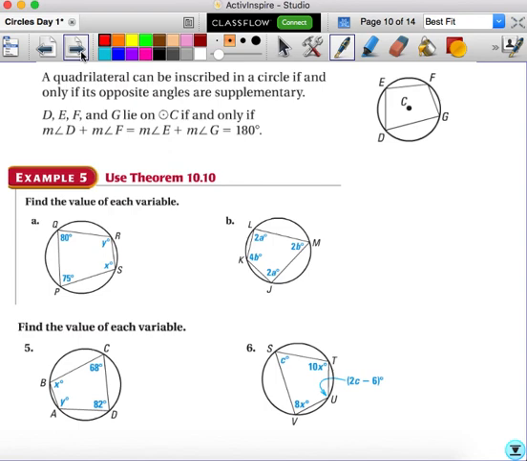Now, when we have a quadrilateral that is perfectly inscribed in a circle, the opposite angles are always supplementary. And that's going to be something you're going to want to write down in your notes. Whenever a quadrilateral is inscribed in a circle, its opposite angles are always supplementary. So if I notice, I've got all 4 vertices lying on the circle.